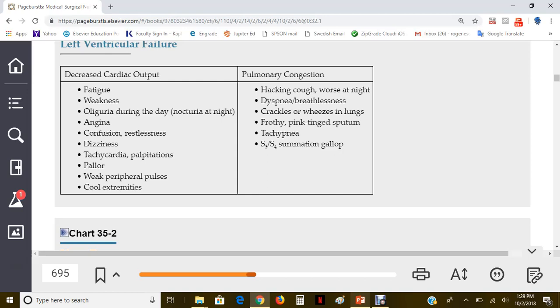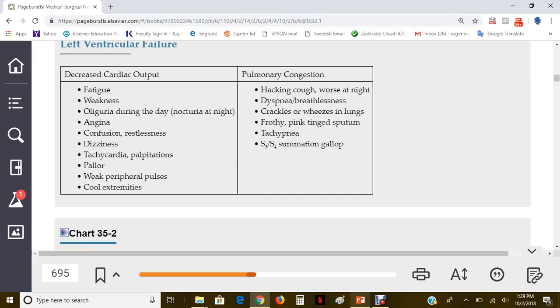Now finally the kidneys receive blood flow, so they make up for all that oliguria during the day, and there will be a resulting nocturia at night, which again contributes to more fatigue and weakness because the patient has to get up a few times at night to pee.